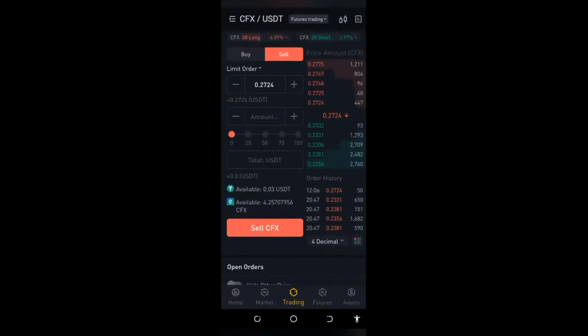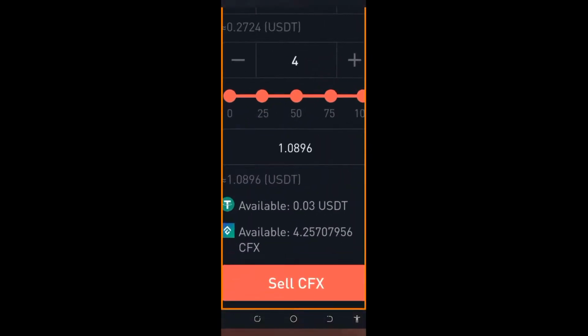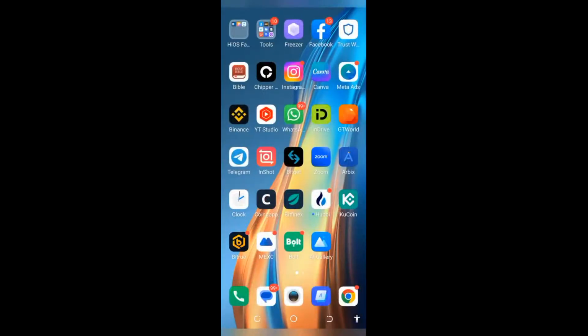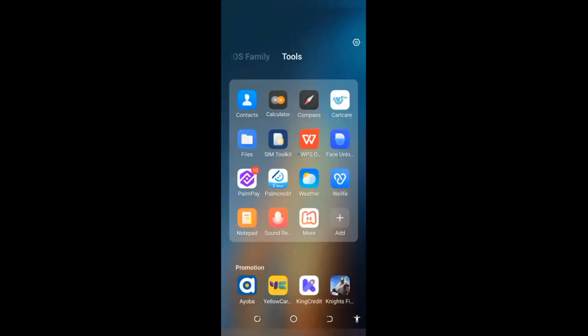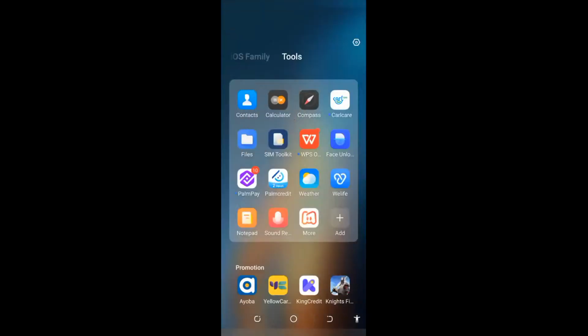If this is really true of the 16%, that means that if I try to sell this, for instance, let's see what we have. We've got $1.08. That's 1 times 16%. Well, what's that actually? Oh, this is supposed to be $1.16, but it's giving us less.